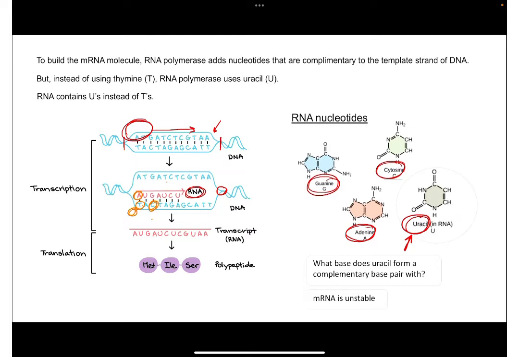So the RNA polymerase reads a C on the DNA, and the complementary base to that is a G. Then it reads a T, and the complementary base to that is an A. But now it gets to the adenine, and normally the complementary to adenine would be thymine, but we don't have thymine here. We have uracil. So instead of a thymine, it's going to add a uracil.